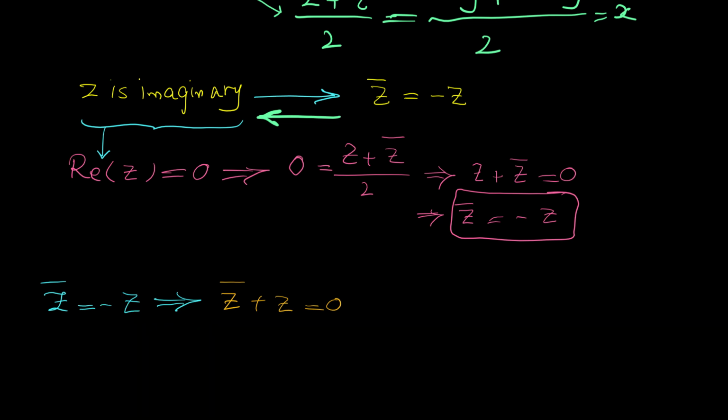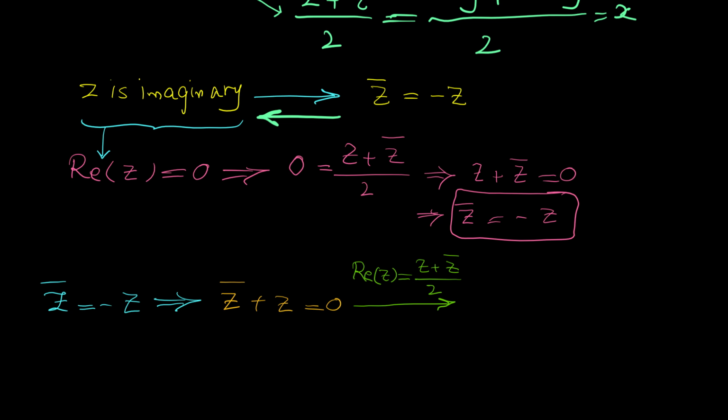Now, we use our identity that we have proved here. From this identity that the real part of z is always z plus z conjugate divided by 2, the numerator of the right side is 0. So this means that all of this is 0.